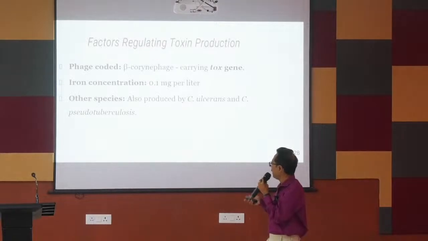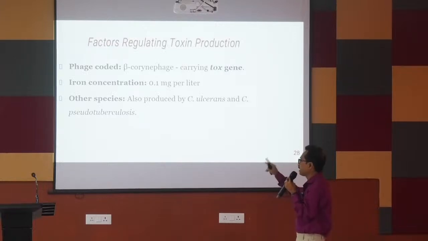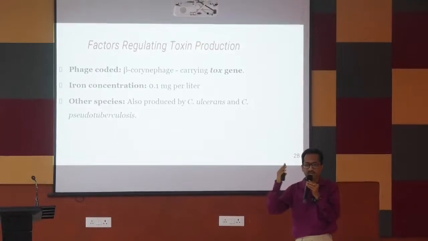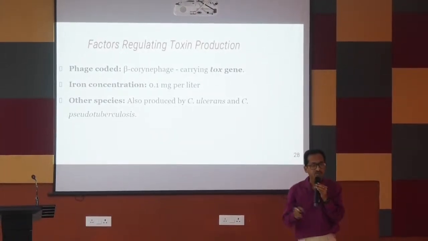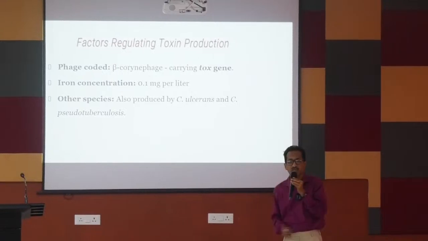Now here is another point: species other than Corynebacterium diphtheriae, Corynebacterium ulcerans and Corynebacterium pseudotuberculosis, also produce the toxin. When we go to laboratory diagnosis, remember how you will differentiate between Corynebacterium diphtheriae, Corynebacterium ulcerans and Corynebacterium pseudotuberculosis.